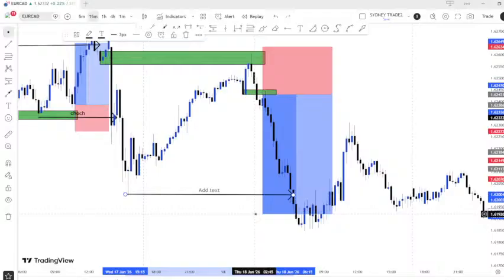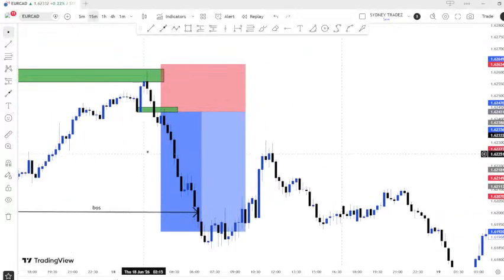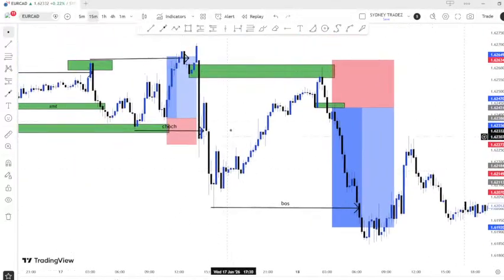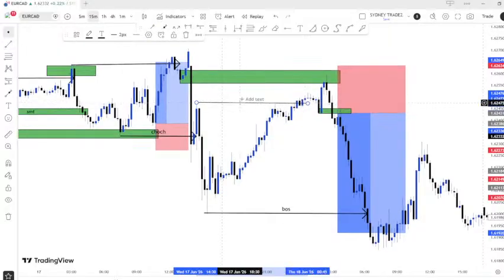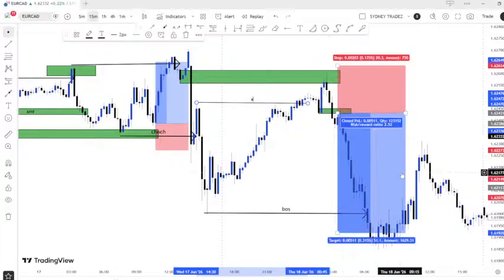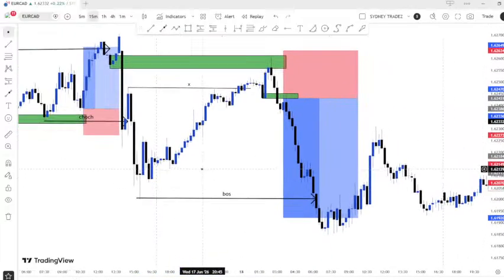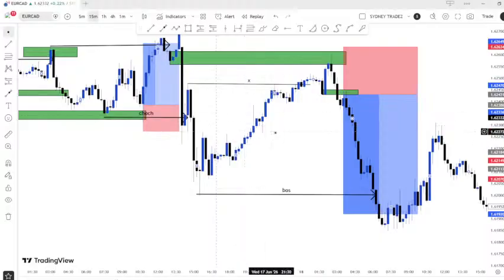Now let me show you, this was a break of structure. Price left this point as the main liquidity that had to be swept before price goes to the downside. That was the liquidity that was being hunted.